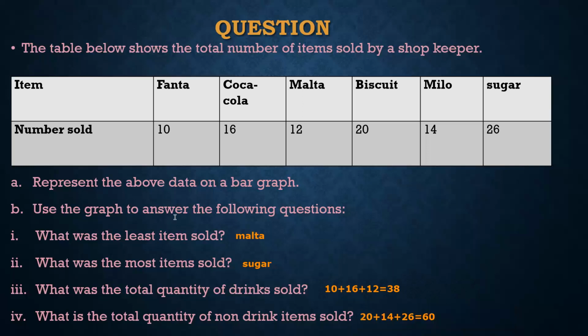Now we have done that, so we are left with the bar graph. Let's write the table down so that we can use it to draw the bar graph.